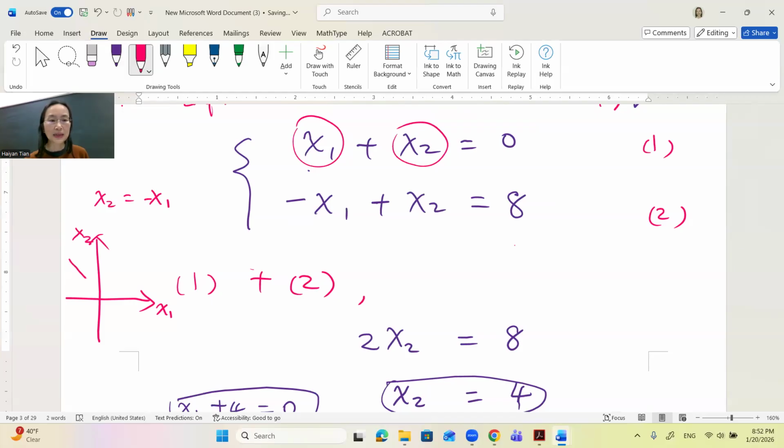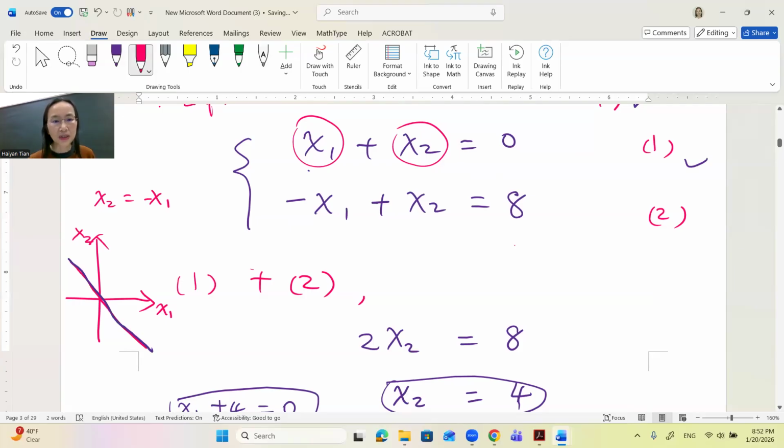Every point on this line will satisfy the first equation. Now the second equation. We just drew the solution set of the first equation. If you rewrite the second equation, let's draw a line.